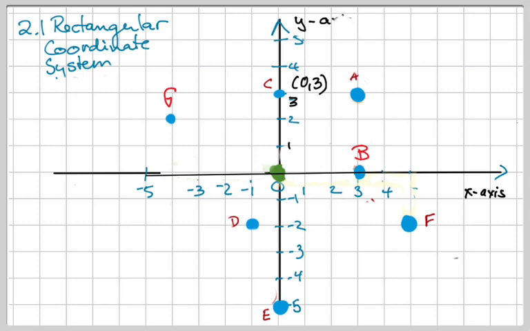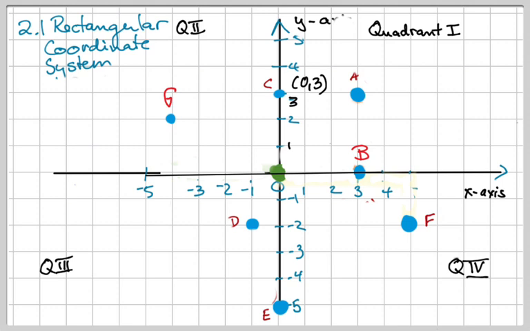So quadrant 1 would be right here. Quadrant 1. And then we go counterclockwise. So Q2 is right over here. Then we have Q3. And usually we use Roman numerals. And here is Q4. So we have 4 quadrants.